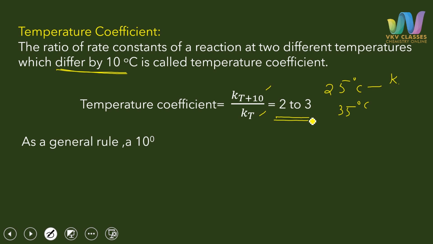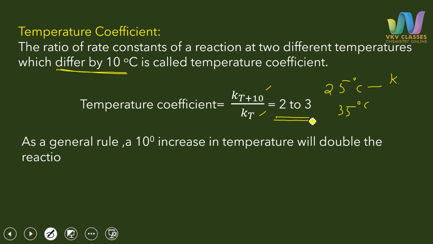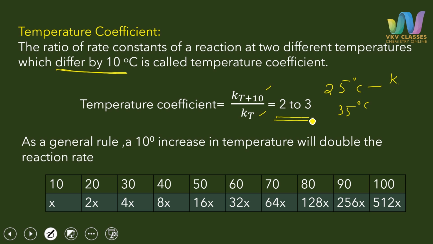So we can generalize a 10 degree increase in temperature will almost double the reaction rate. Now have a look at this table. Say at 10 degrees Celsius, rate is x. When it increases to 20, the rate becomes 2x. At 30, this will be 4x. 40, 8x. 50 just goes on increasing.